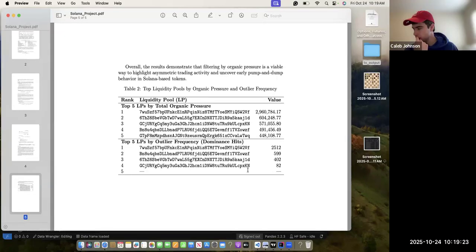The total number of transactions in the liquidity pool. Just because if there's a million transactions in a liquidity pool, the total organic pressure is going to be higher in general. Yeah, I see what you mean. But I don't know if he wants that, because I just added all the pressure for each of the transactions. I didn't divide it by the total number of transactions.